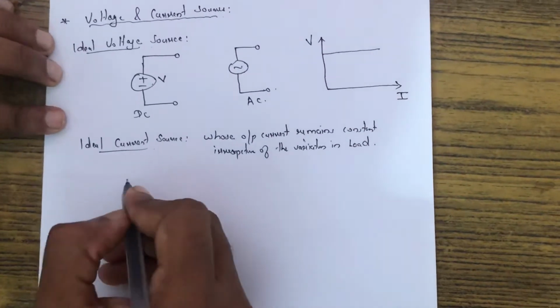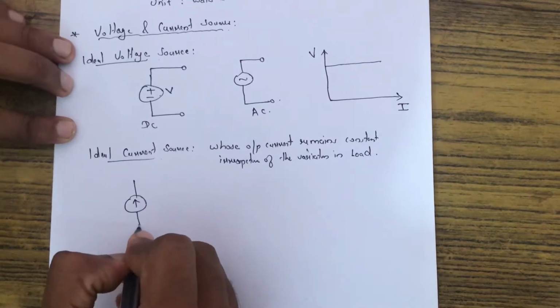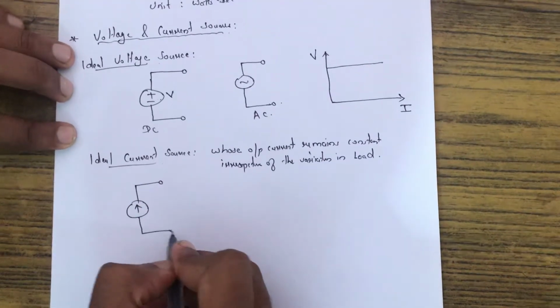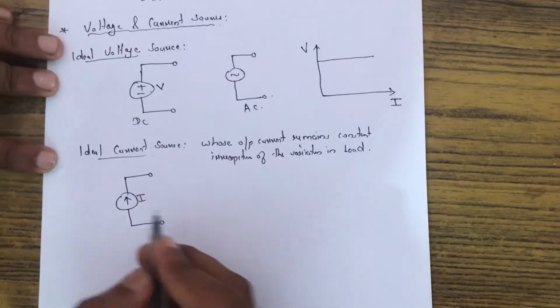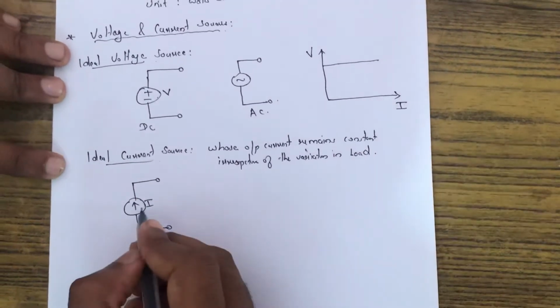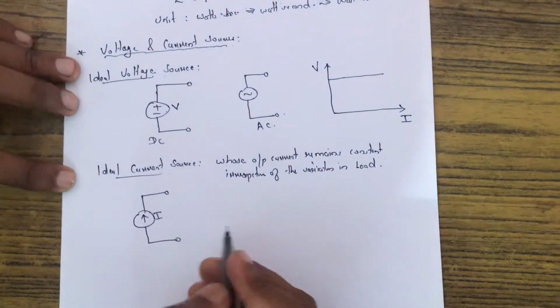The symbol of a current source is like this. An ideal current source should always maintain this specified current every time, irrespective of the load.